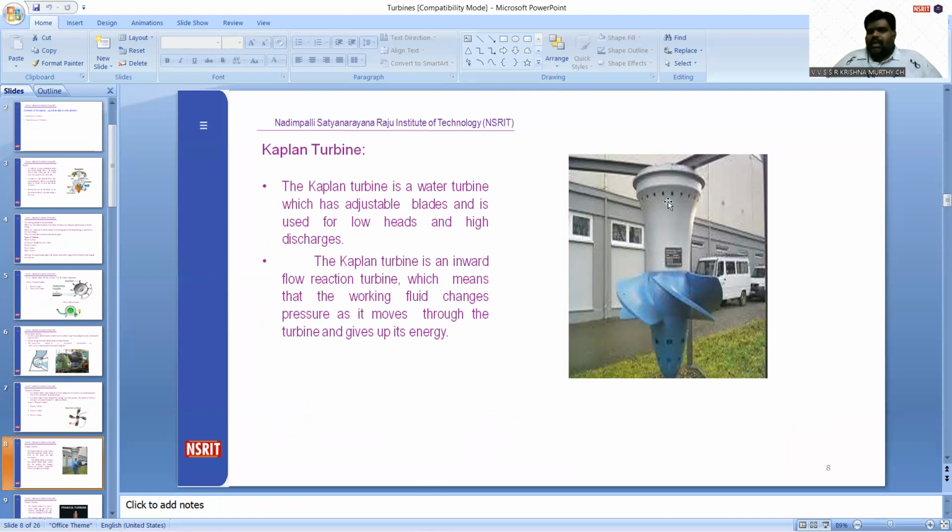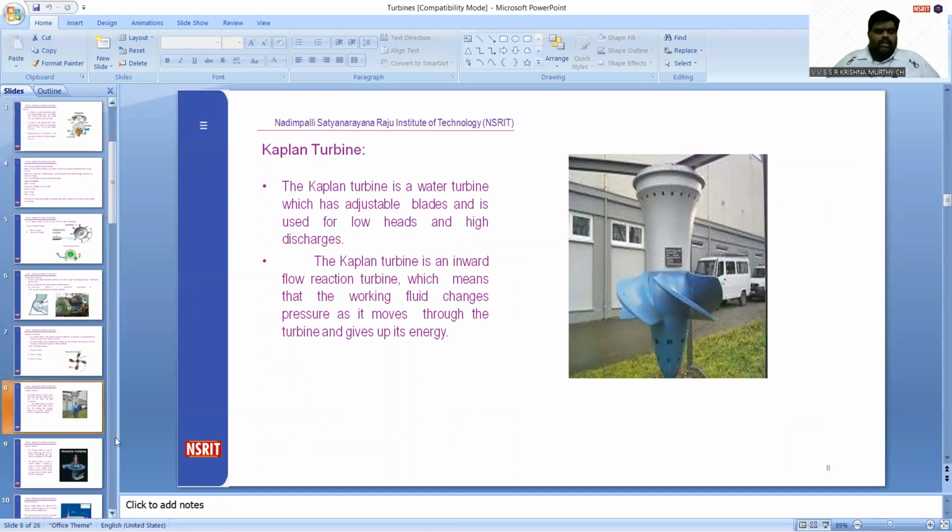This is a schematic diagram of the Kaplan turbine. It is an inward flow reaction turbine, which means the working fluid changes pressure as it moves through the turbine and gives up its energy.